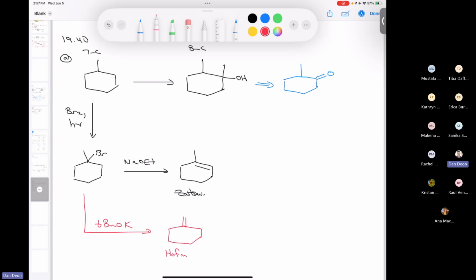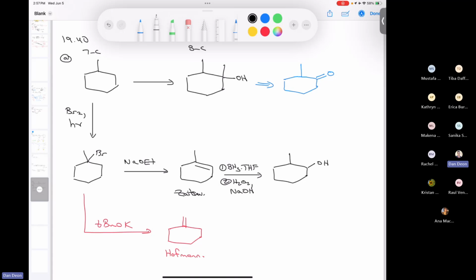So I want to make the Zaitsev product because then I can do an anti-Markovnikov addition of water, so borane THF, followed by hydrogen peroxide and sodium hydroxide. And that's going to give me the alcohol I want.